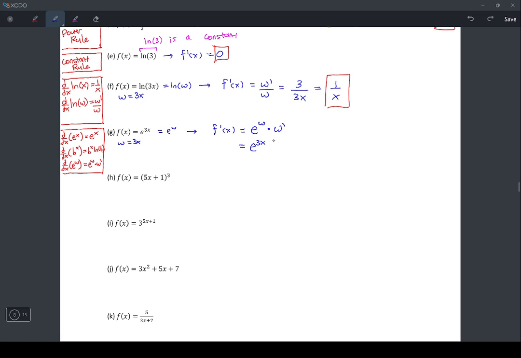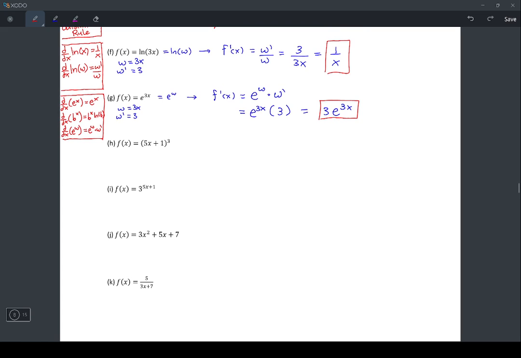E to the 3x times the derivative of 3x, and the derivative of 3x is 3. Typically, we put the number in front, so 3e to the 3x would be the way the final answer in the back of a textbook would be written. All right.